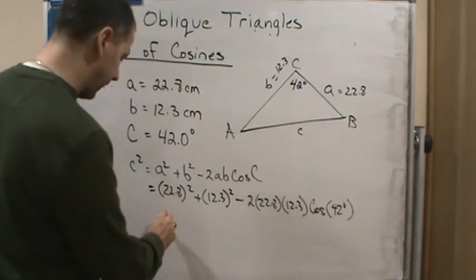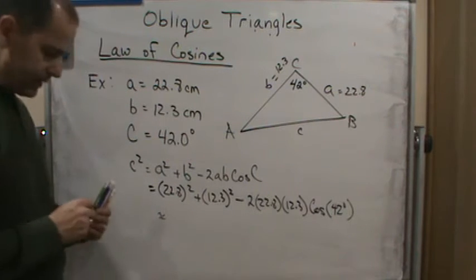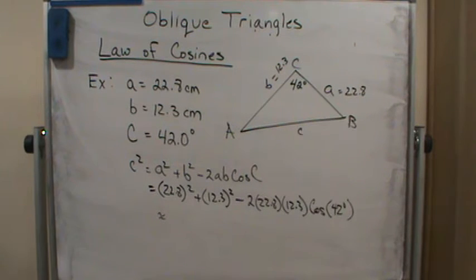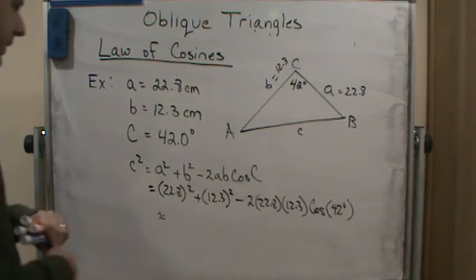And we can stick this in our calculator and we get C squared is equal to approximately, let's see here, it's about 230, I think, something like that.